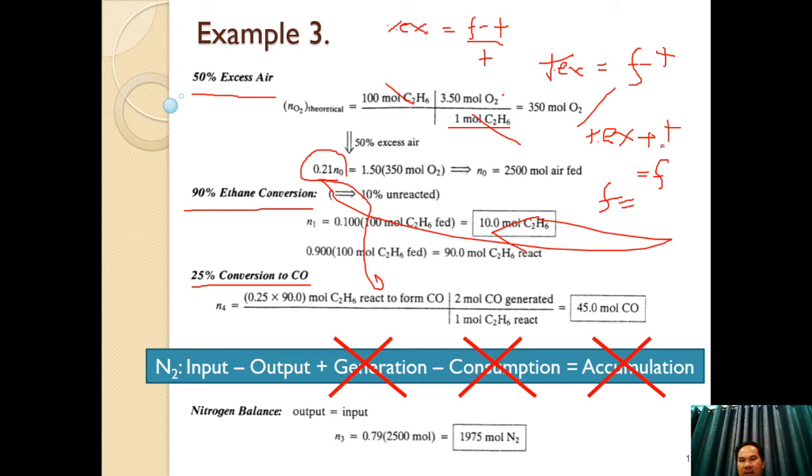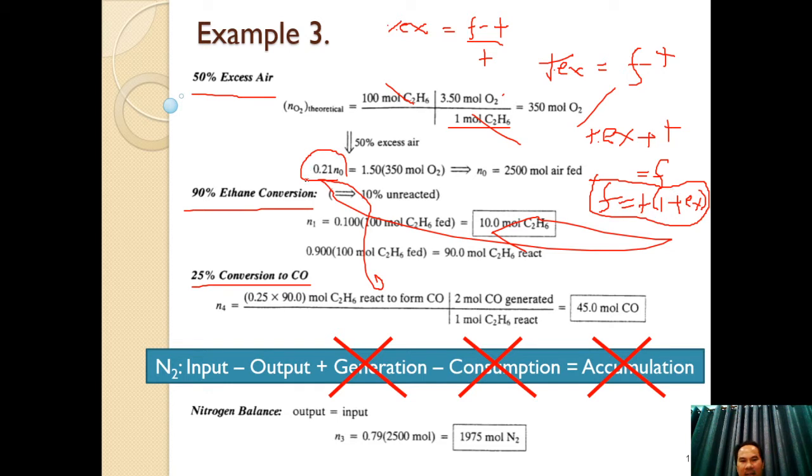This means F equals theoretical multiplied by 1 plus excess. You can calculate the feed. Feed equals theoretical required multiplied by 1 plus excess.